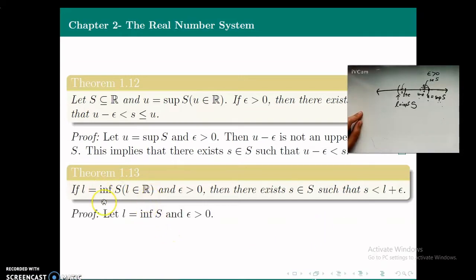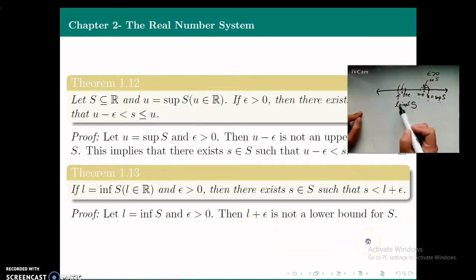By our assumption, L is equal to the infimum of S and epsilon is greater than 0, then L plus epsilon is not a lower bound for S. Because L here is the infimum of S, and we know that the infimum of S is the greatest among all the lower bounds.